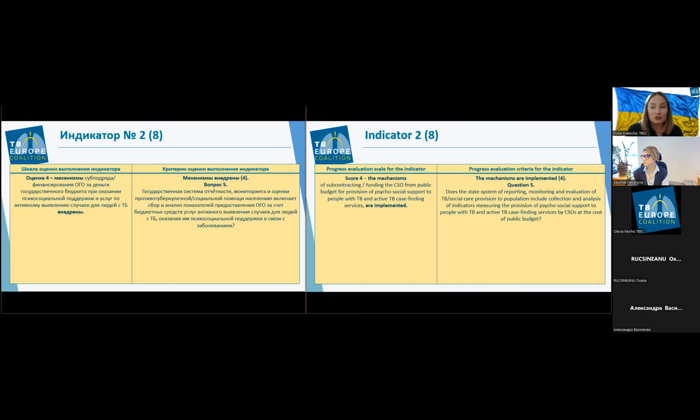And as you have adequately mentioned, if your ministry or the national TB program succeeds in one block, but lags behind in another one, we need to think about how it will be possible to, not even divide, because in the indicator we speak about psychosocial support.